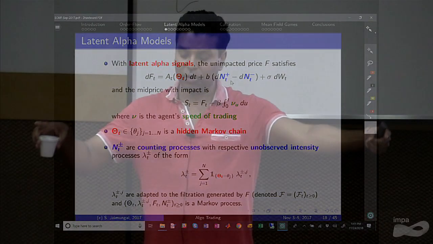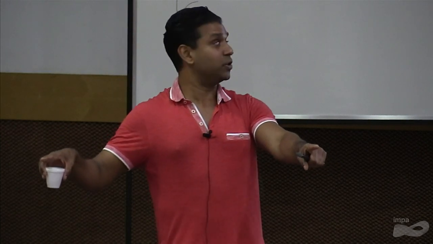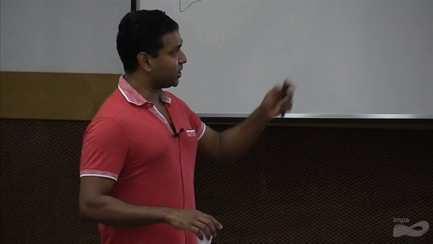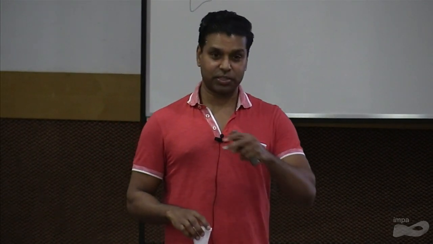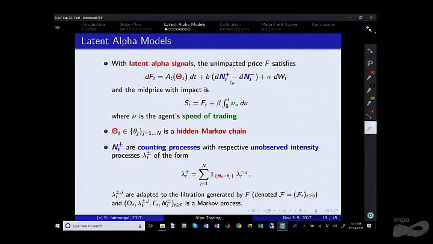If you're looking at slightly longer time scales within a day, maybe Brownian motion type models are okay, and you don't want the jumps. But if you're looking on a shorter time scale, maybe you do only want the jumps. Those counting processes themselves are modulated by the Markov chain. So there are stochastic intensities running around, but those stochastic intensities for the counting process can switch depending on what this latent hidden Markov model is doing.